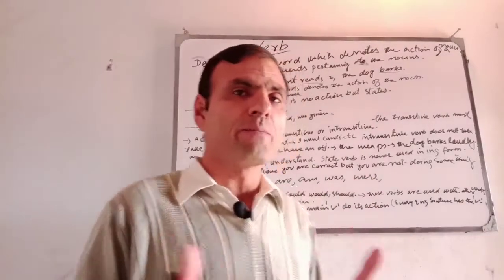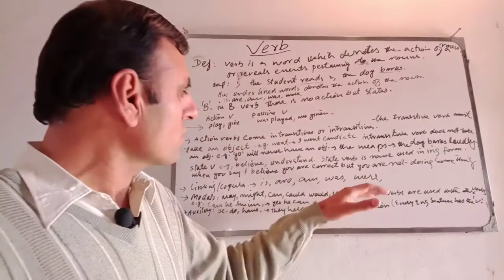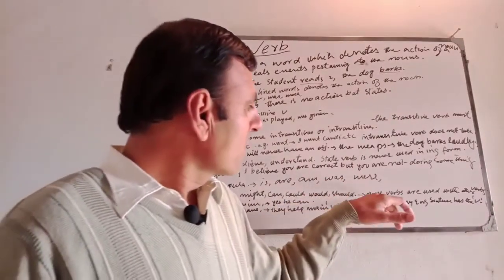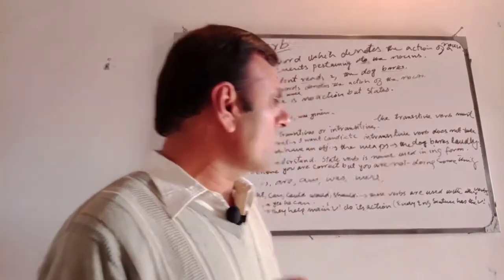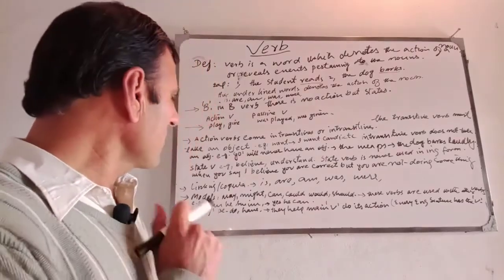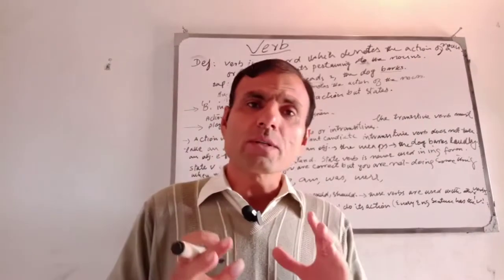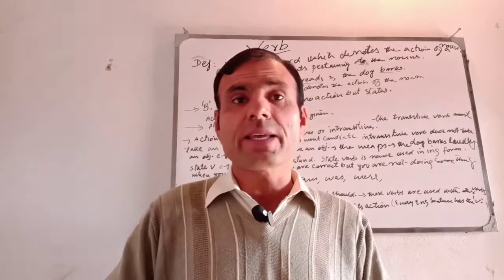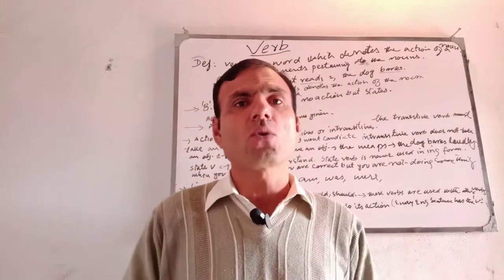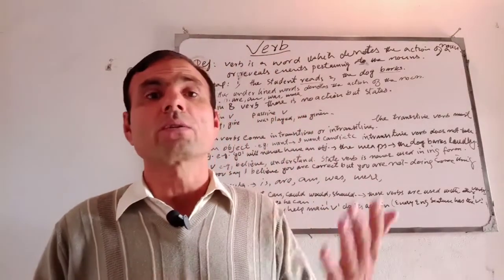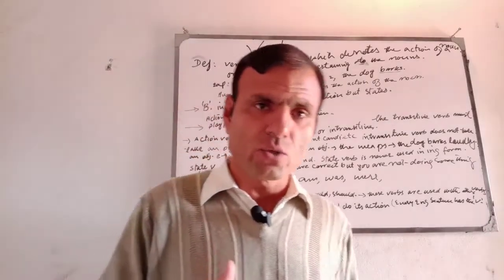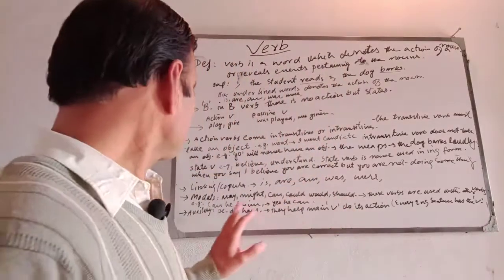Modals are like may, might, can, and so on, should, would. So these verbs are used with other verbs. The modals can be used with other verbs, and they give some meanings. So they are used with other verbs, okay?